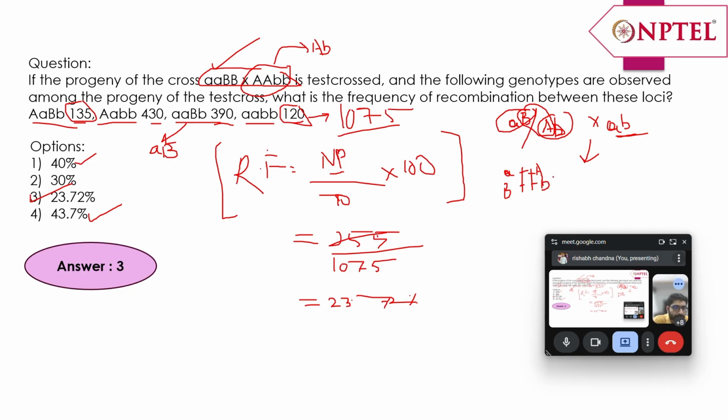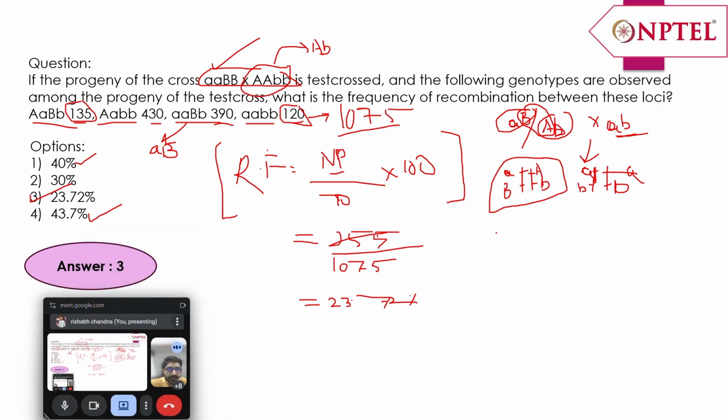This is the genotype of one of the parents, because these genes are linked. And the other, because we are doing a test cross here, will be small a, small b, small a, small b.